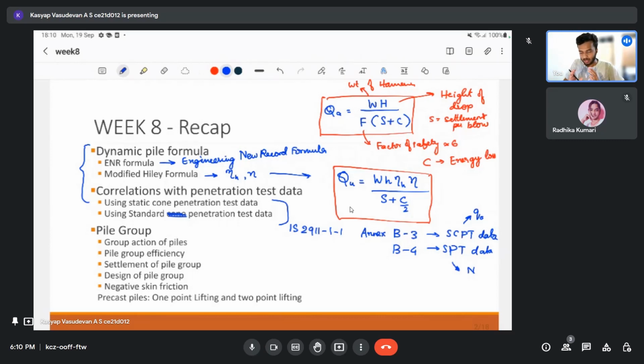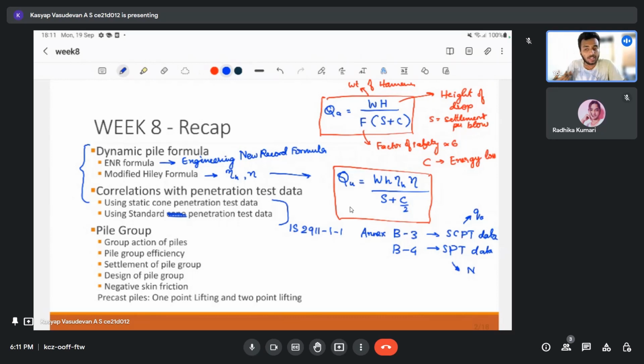If they are too closely packed, the influence zones will overlap. Especially in very hard soil, it won't be of any advantage, because the overlap of the influence zones can cause failure earlier. So to avoid that, we have to give a certain spacing.